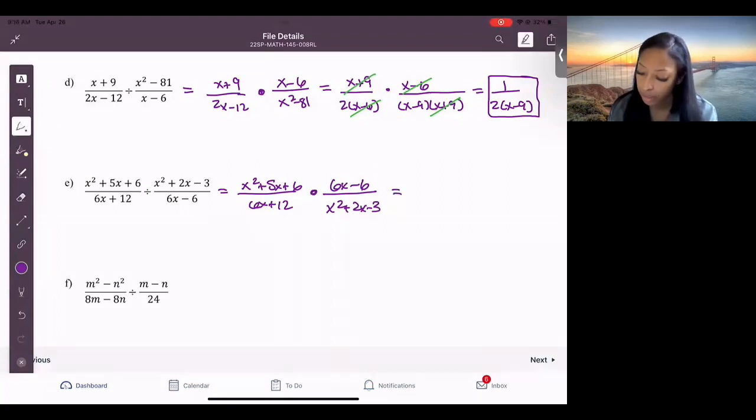First numerator becomes x plus 2 times x plus 3. First denominator is 6 times x plus 2. Second numerator is 6 times x minus 1. And second denominator is x plus 3 times x minus 1.